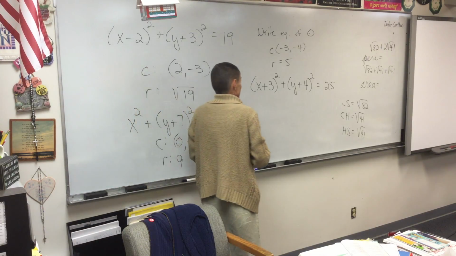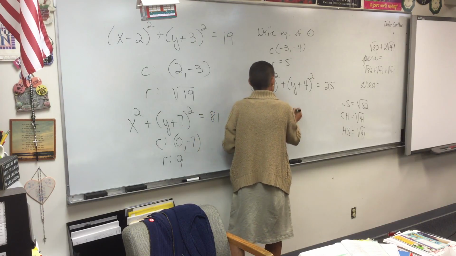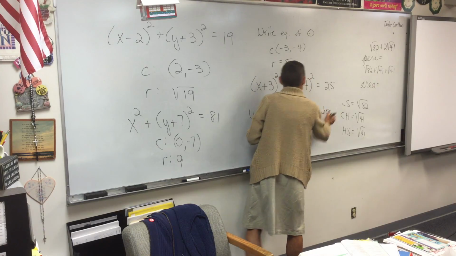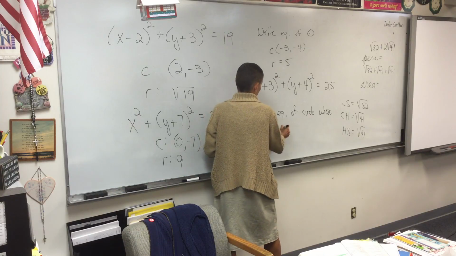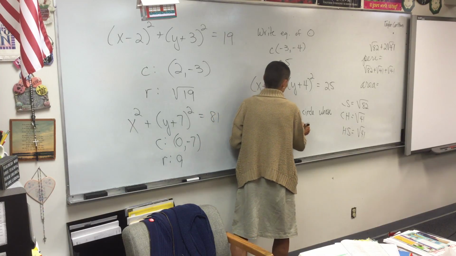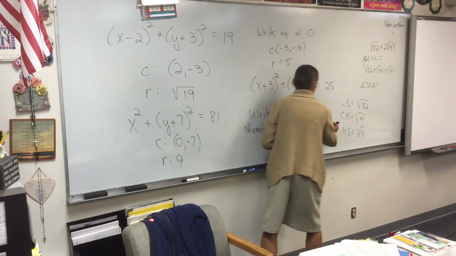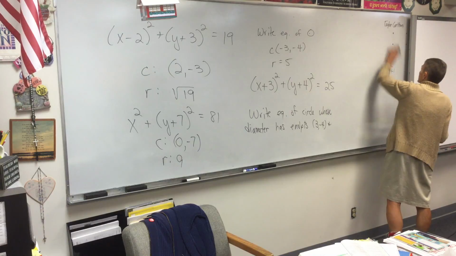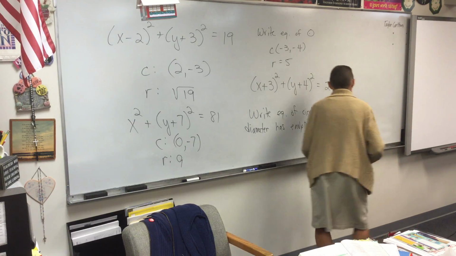All right, let's try this. Write the equation of the circle whose diameter has endpoints at 3, -4 and 7, 10.